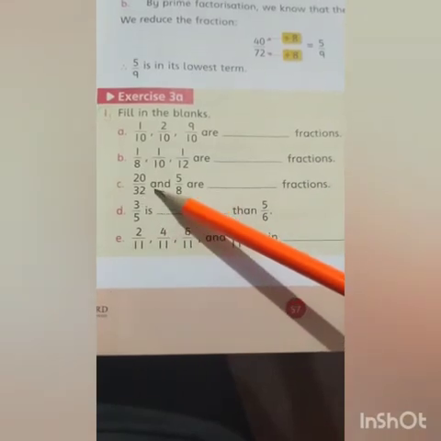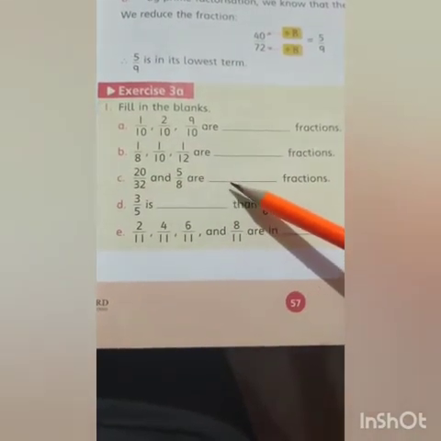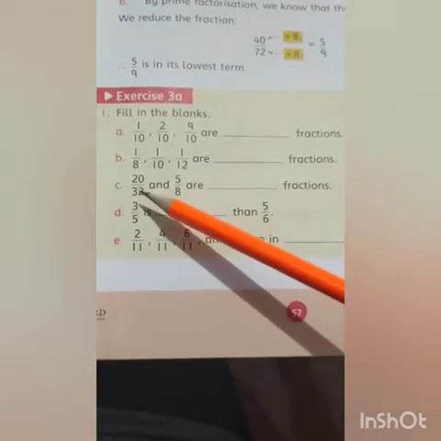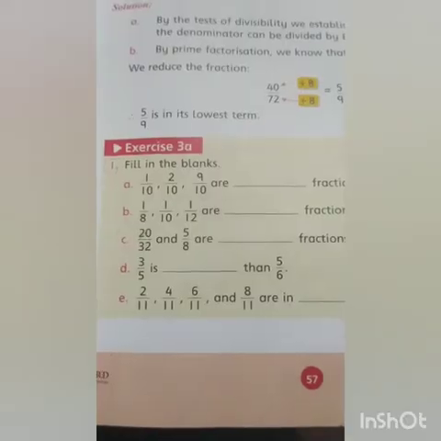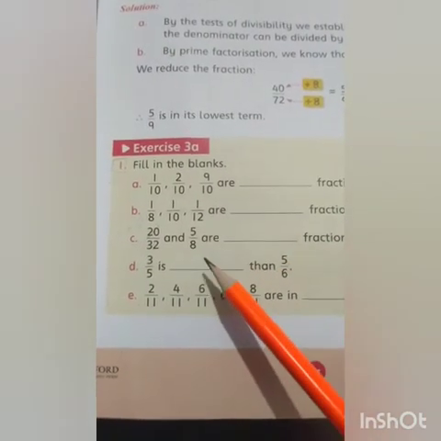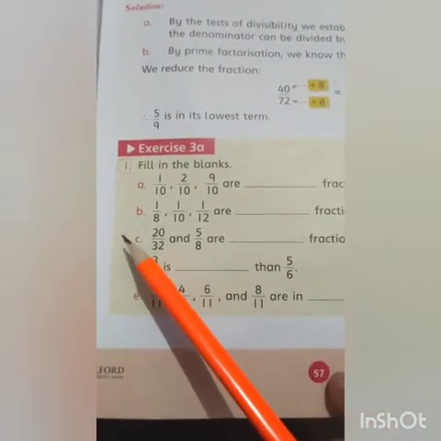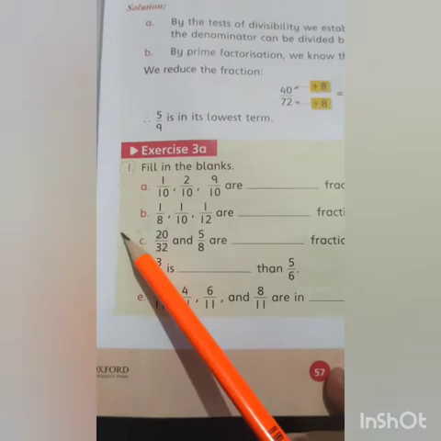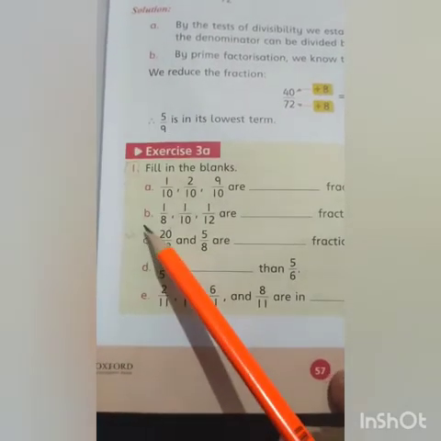We need to see whether these are equivalent fractions or not. As I told you, how can we find out the equivalent fraction? For finding the equivalent fraction, we use multiplication or division. We'll divide by the same number. We take 4 here.